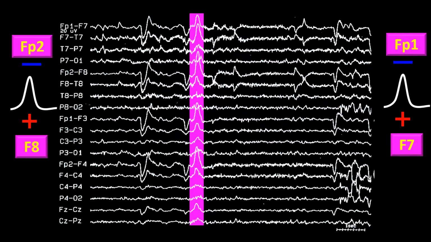In this frame, I am introducing a figure similar to what we have done in the past. In it, you can find the FP1-F7 derivation on your right and the FP2-F8 derivation on your left, and you can see their fields.